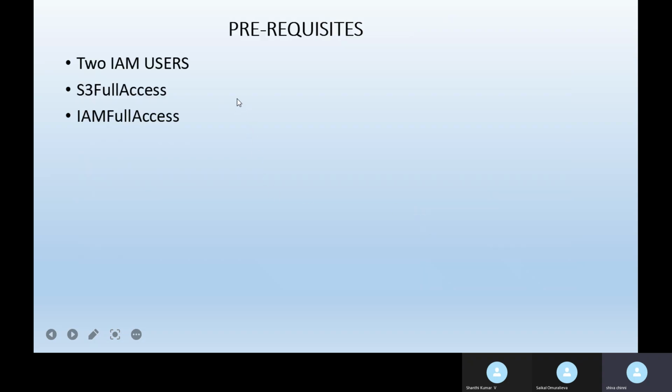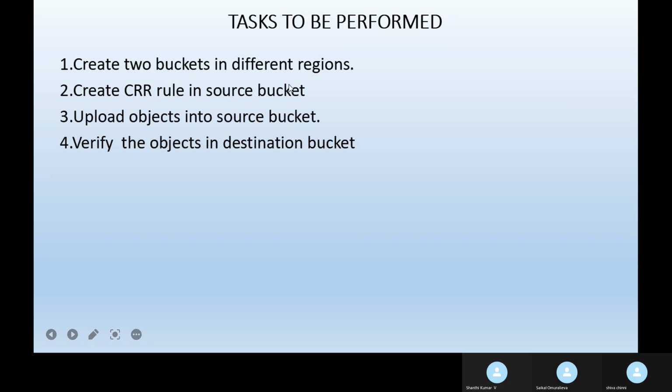For this demo, the prerequisite is two IAM users from the root account ID, having S3 full access and IAM full access. These are the tasks I am going to do. First, I'll create two buckets in two different regions by using the two IAM user IDs.